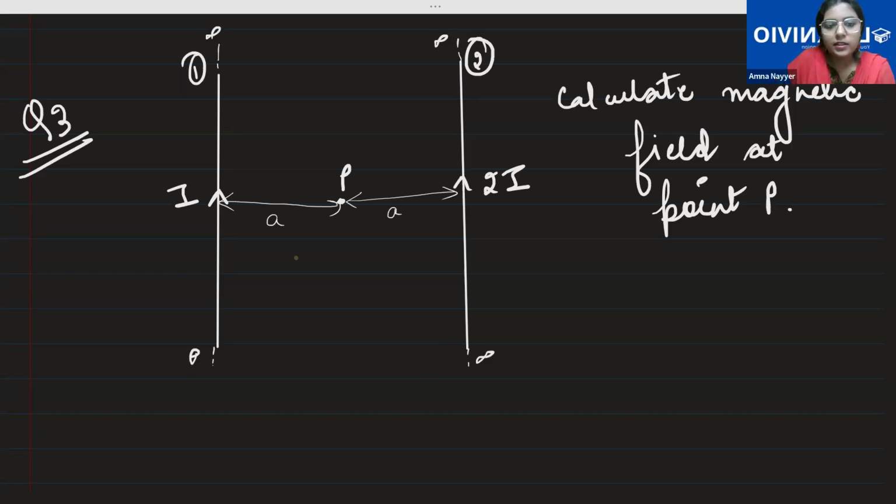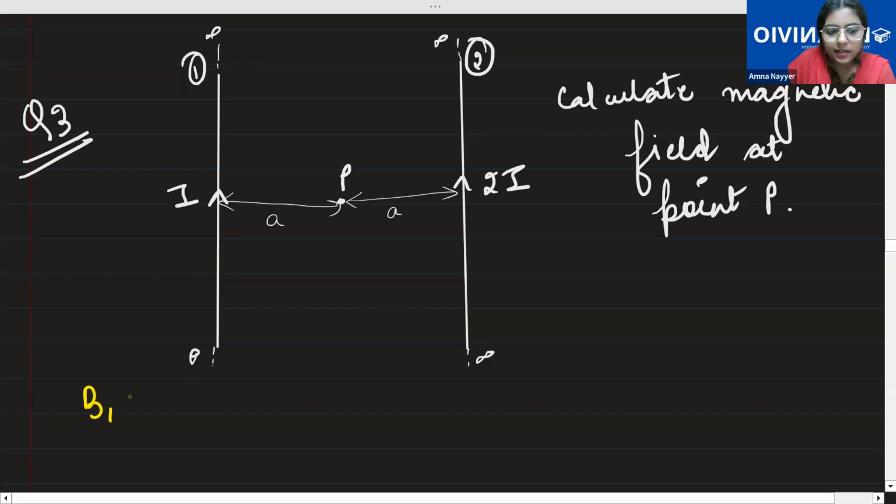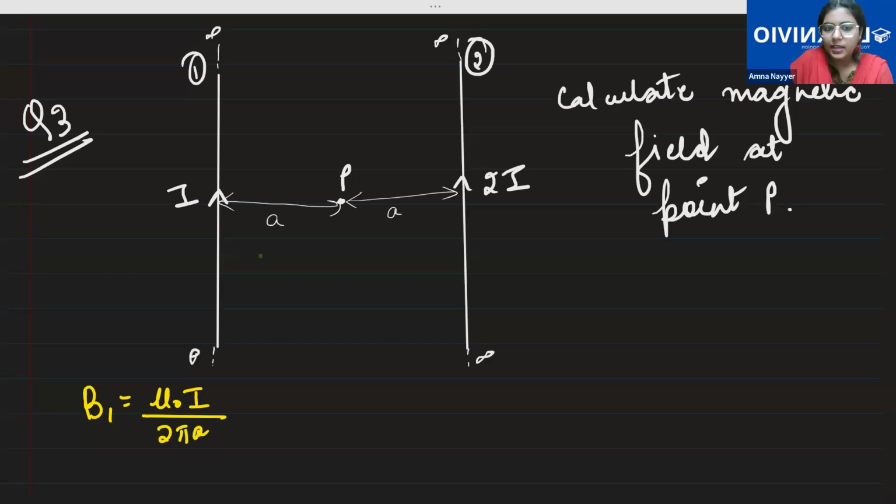For the first wire, the magnetic field will be mu naught I by 2 pi A. But what will be the direction? The current is moving upwards, fingers curled, thumb pointing inwards, that is minus k cap. Basically, this is going in.